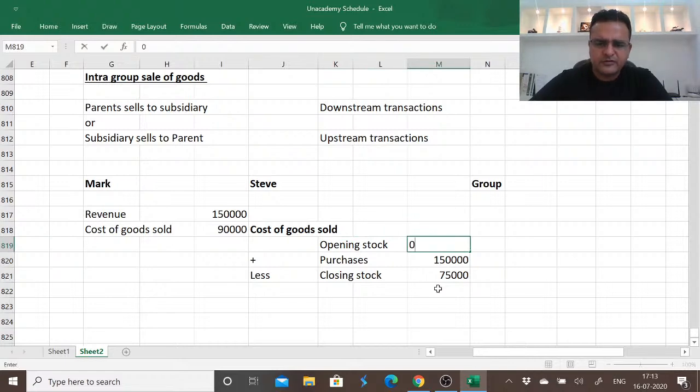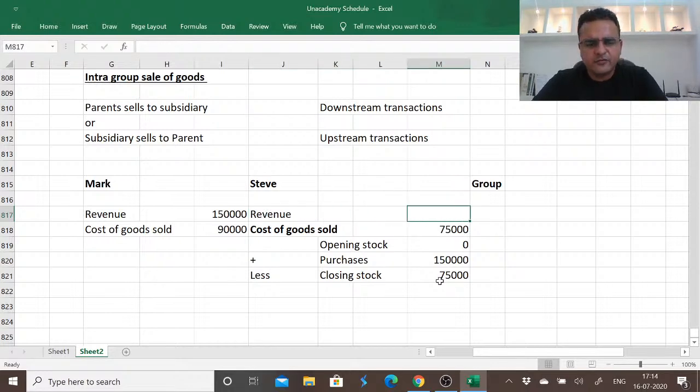Suppose opening stock was 0. So cost of goods sold turned out to be 75,000, and Steve has sold to outside parties for, say, 125,000.